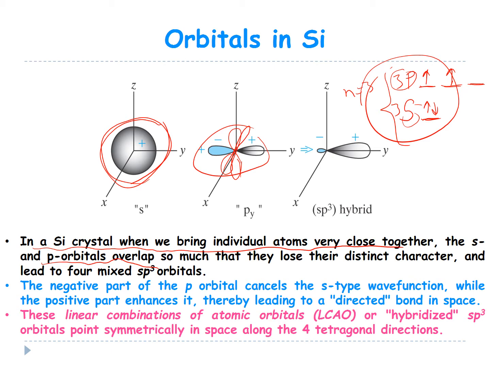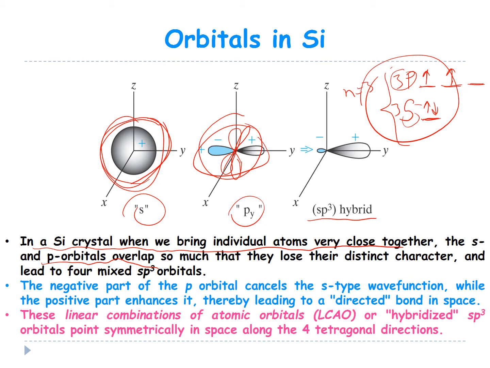Now when you bring silicon atoms together, so when the S and the P overlap, they form what we call a hybrid structure, which is sp3. So S for the S and P for the P. So these are sp3 hybrid orbitals.